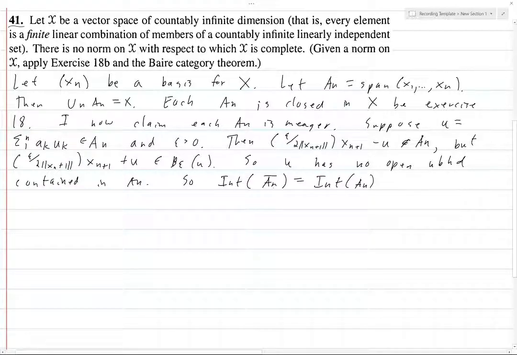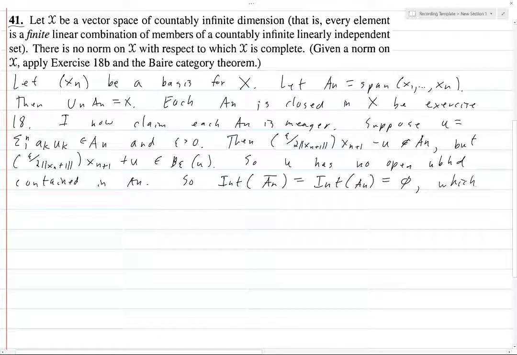So the interior of the closure of An is equal to the interior of An. And because no point of An has any open neighborhood, this interior is empty.